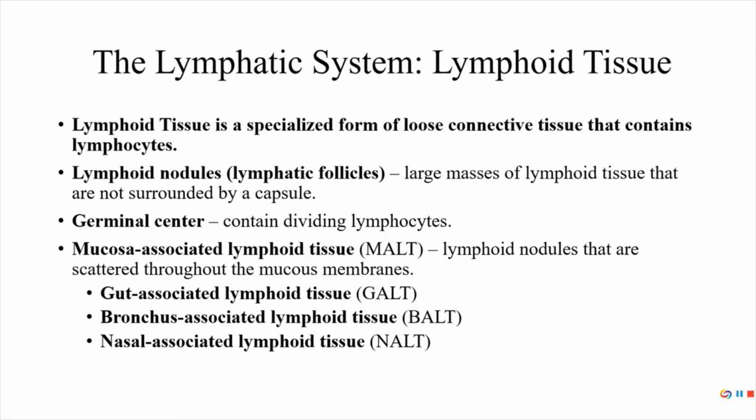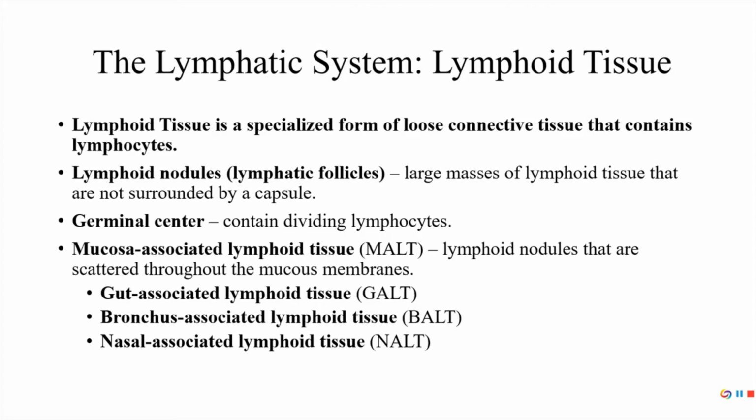Well, the mucosa of the body. These are mucous membranes that line areas that are open to the world, for example in our nasal cavity and our oral cavity. You have mucosa in a lot of places.